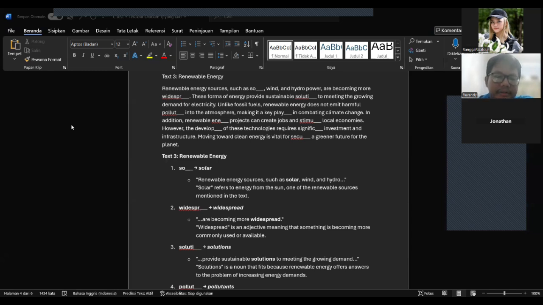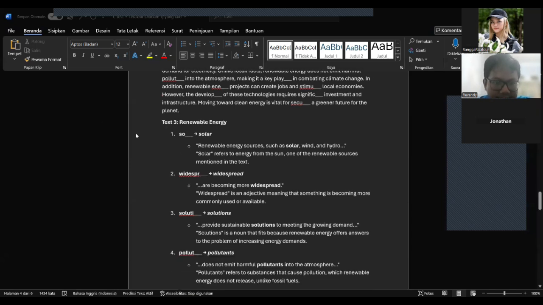So in text three, number one, the word "solar" refers to energy from the sun, the primary source mentioned in the text. And second, "widespread" is an adjective meaning that something is becoming more commonly used or available.